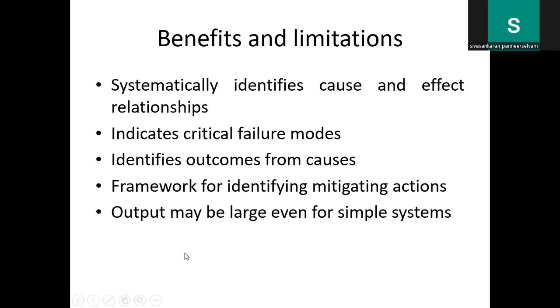What are all the advantages and benefits of implementing this method in the work atmosphere? So failure mode effect criticality analysis is considered to be a very rigorous work procedure. I mean to say, very systematic in nature.